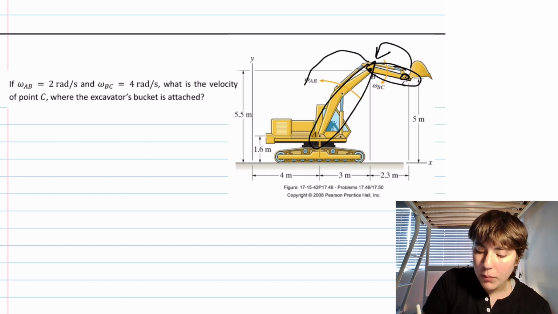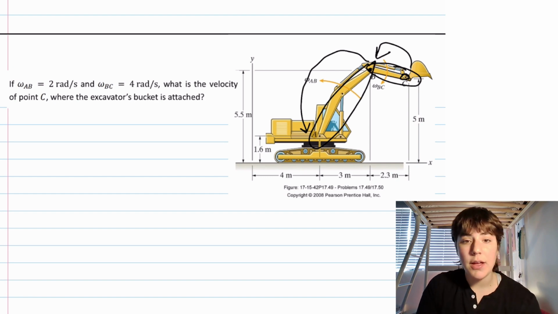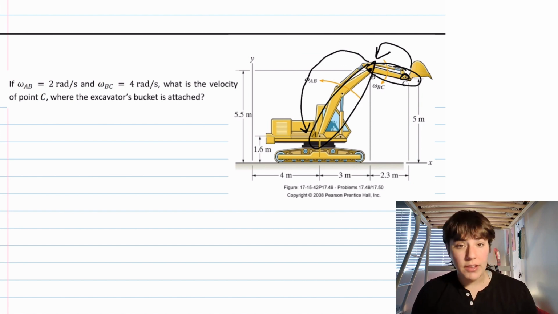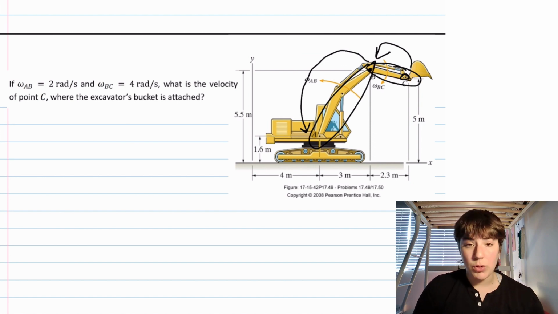So we can relate point B to point A because they are on the same rigid body. And then by using that, we can find the velocity of C because we know that A is stationary. So that gives us a value that we need in order to solve these problems.